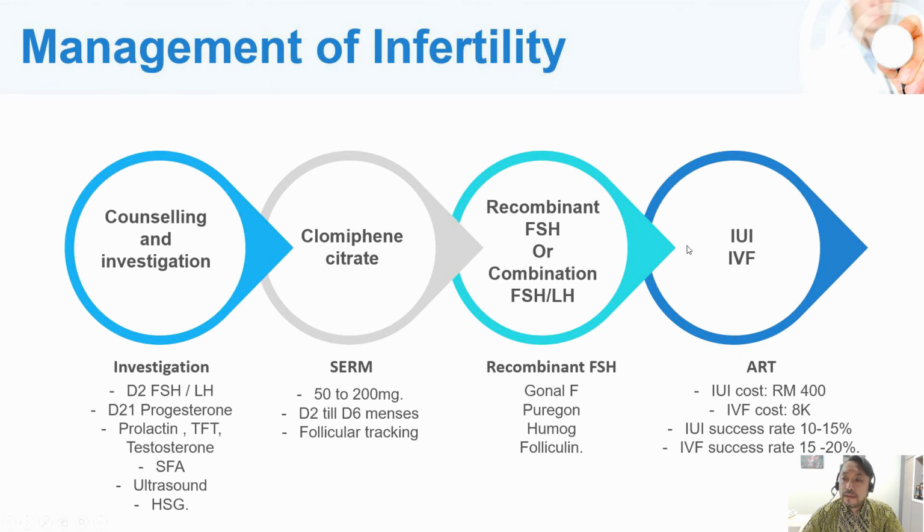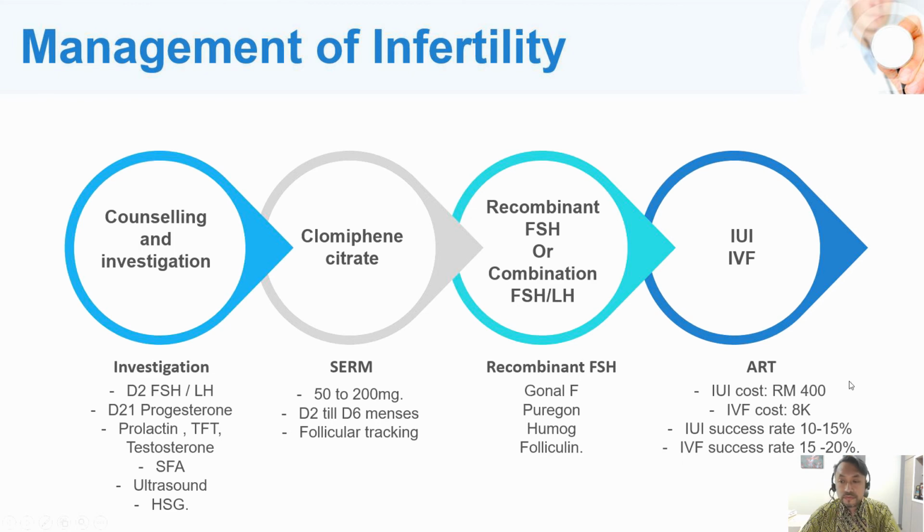Okay, then you can proceed with two procedures according to the patient's preference, or what the patient can afford. You can go for IUI or you can go for IVF.